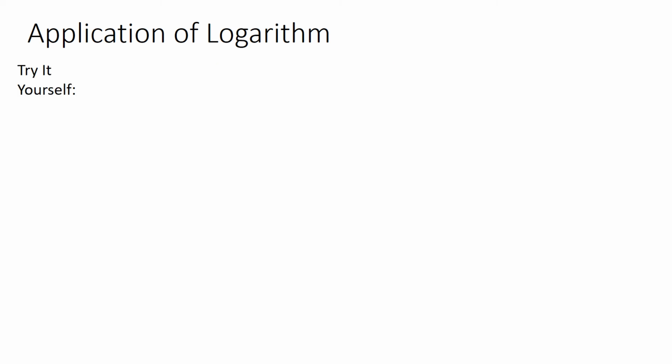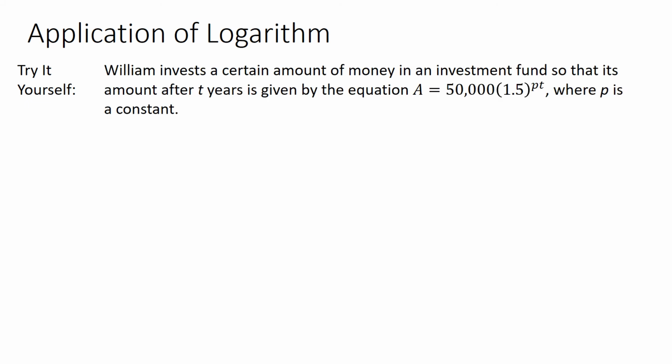Here is a similar example that you can try yourself. William invests a certain amount of money in an investment fund so that its amount after t years is given by the equation A equals 50,000 times 1.5 to the power pt, where p is a constant. A. How much does William invest at the beginning?